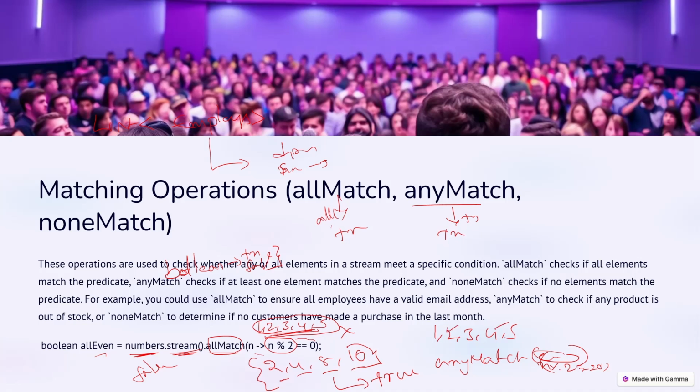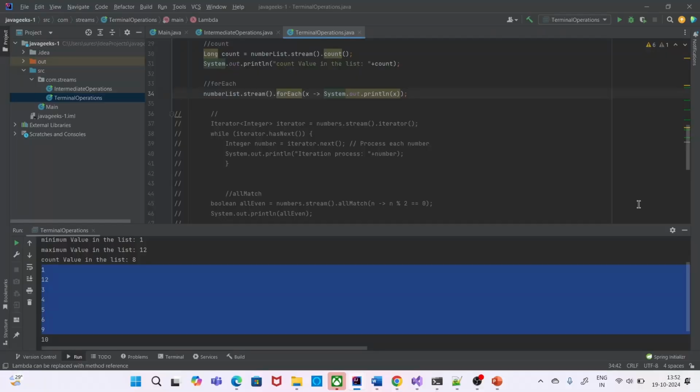So if any one value is present, then it will return true. If only 1 3 5 7 is there, no match is found, no even number is present, so in this condition it will return false.